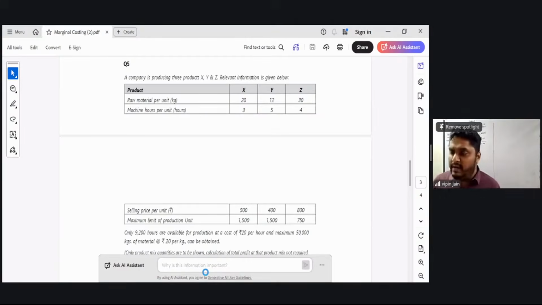See, the more you interact, the better you will be with the concept. It's very easy for me to simply write down the solution. Why am I making you guys do it? For better understanding of the concept. So if raw material is my key factor, which product will we manufacture first?